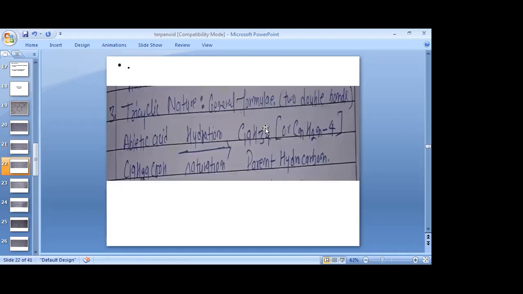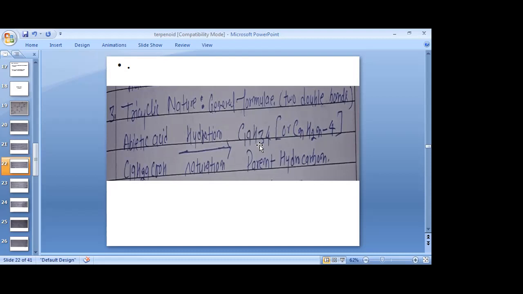Now C19H34 fits CnH2n minus 4, because 19 multiplied by 2 is 38, and 38 minus 4 equals 34. So in this way C19H34 is the general formula of a tricyclic compound.